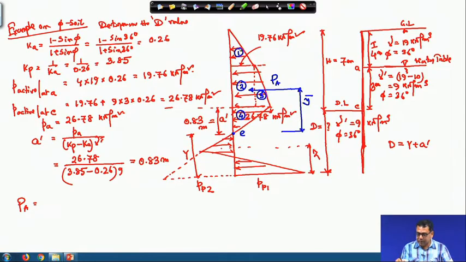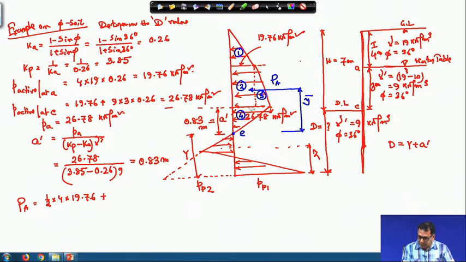Now, I will calculate P A. First is the first triangle. First triangle height is 4 meter, base is 19.76. So, this will be half into 4 into 19.76.